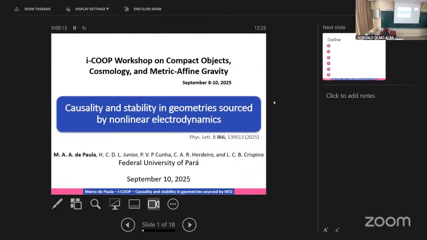Temporary professor, exactly, in Belém. He accepted my invitation to this workshop, and the plan is to speak about causality and stability in theories governed by nonlinear theories of electrodynamics.